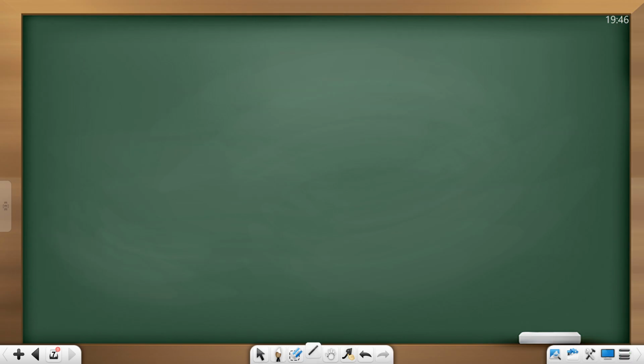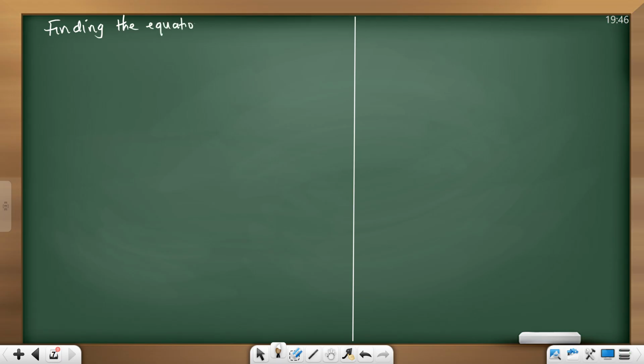Alright guys, let's add to the knowledge we have today. Finding the equation of a circle. We're running well with time. I love it. Remember what the variables are.